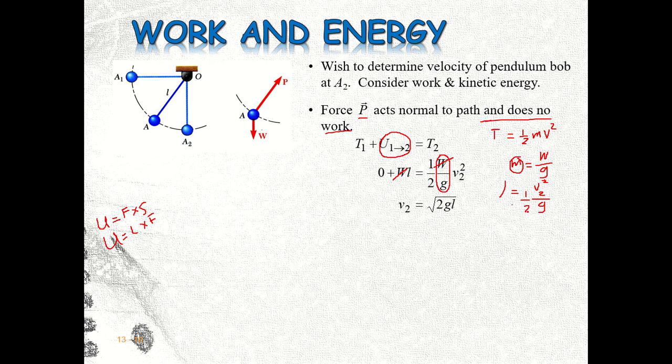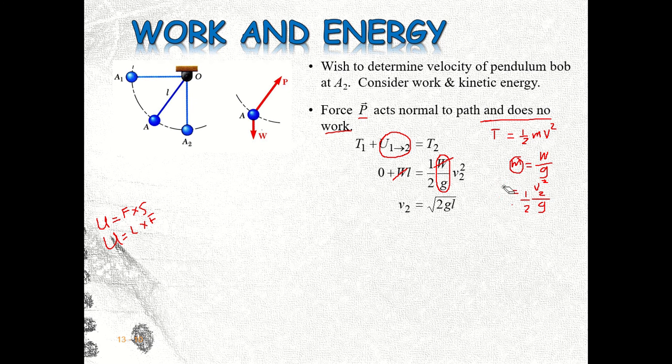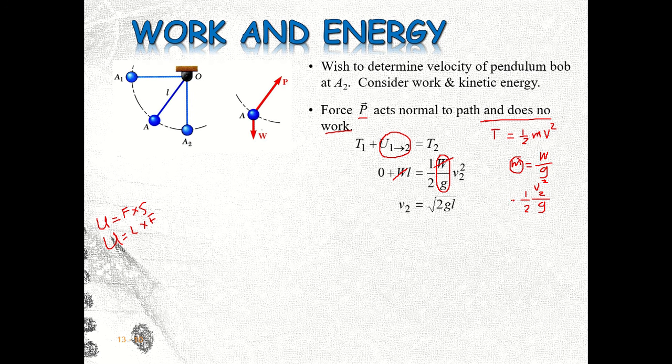Okay, I will rewrite this. What is left here is just the L. Then cross multiply, so you have 2 times g times L equal to V2 squared.